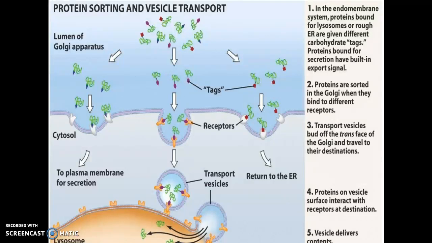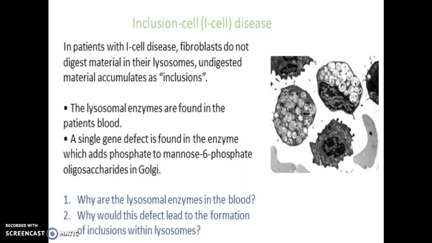These receptors bind to the sugar on one side, and on the other side to specific transporter proteins. By modifying these sugars, we can package them into vesicles, and those vesicles will end up in the correct location. So if they are a lysosomal protein, then they will get packaged into a vesicle that's headed for the lysosome, and then delivered into the lysosome.